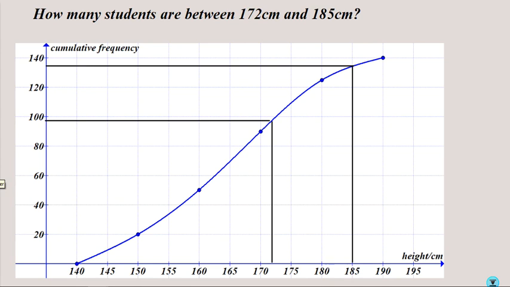This looks like probably 98, and this looks like 134, for example. So the people who are between 172 and 185 centimeters of height are the people whose numbers are between 98 and 134. So they amount to 134 minus 98, and that's 36 persons.